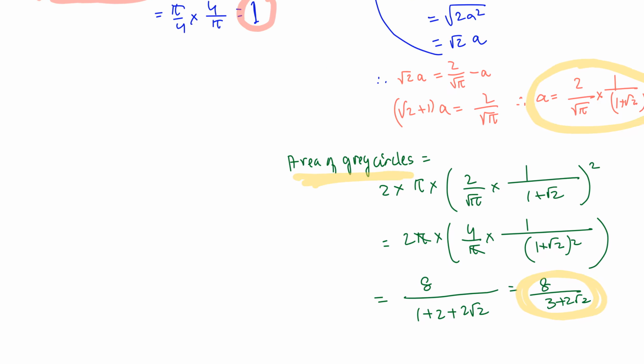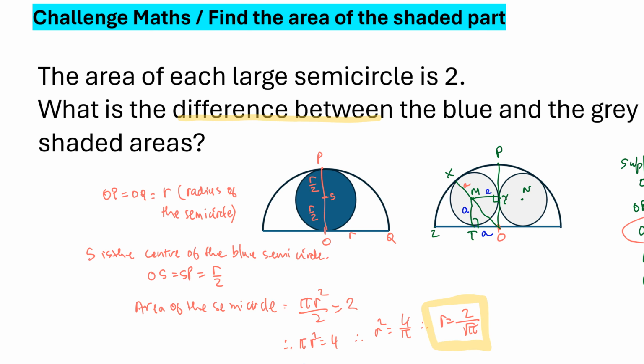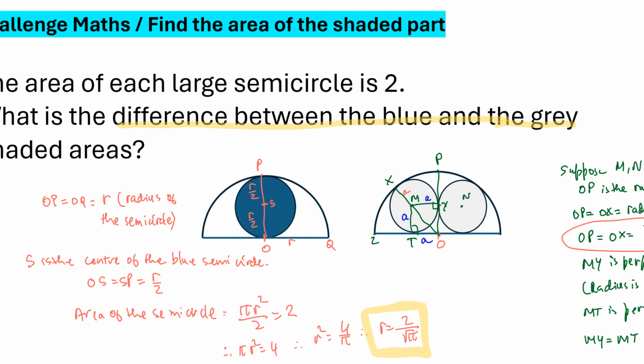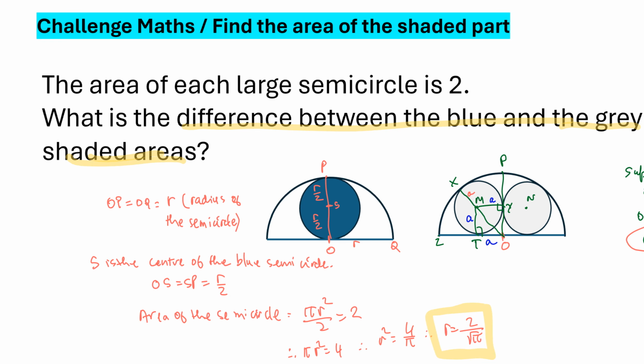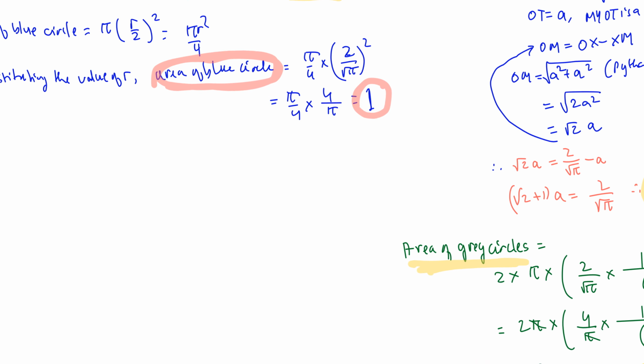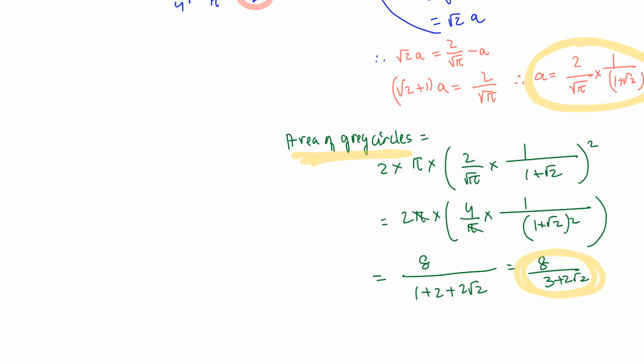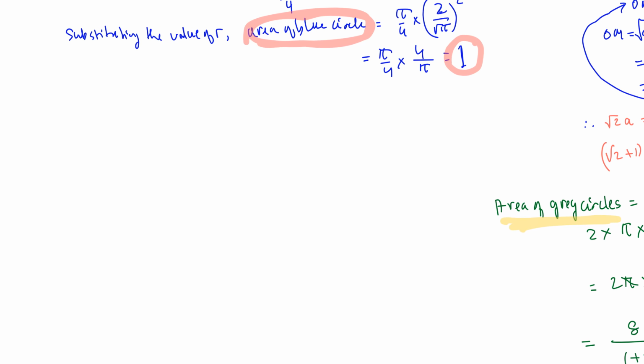So what I now need to do is, that's not all. The question is asking, what's the difference between the blue and gray shaded areas? I know one of them is 1. So we need to find the difference in these two areas.